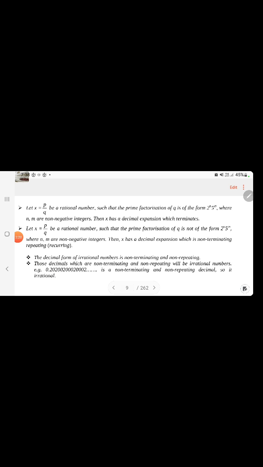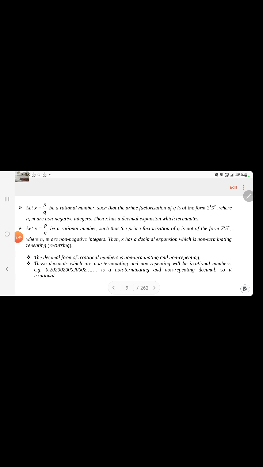Some examples are given. The decimal form of irrational numbers is non-terminating and non-repeating. So those decimals which are non-terminating and non-repeating will be irrational numbers. You can see 0.2002000, and this decimal keeps on growing, so it is a non-terminating and non-repeating decimal.